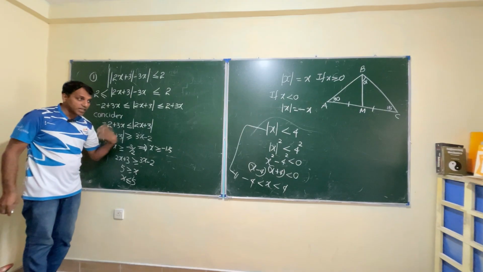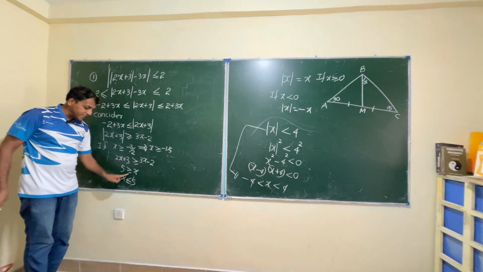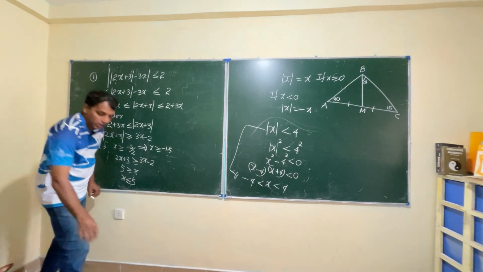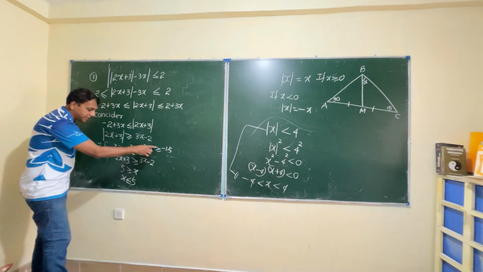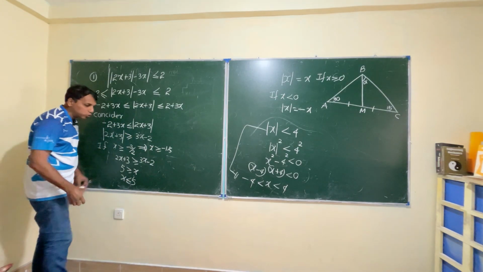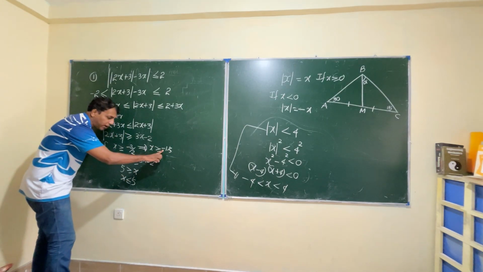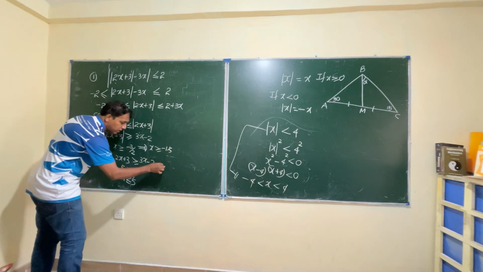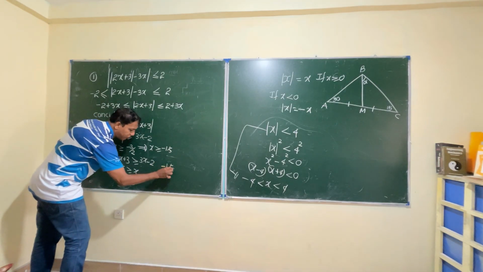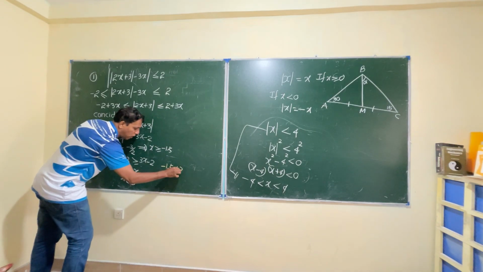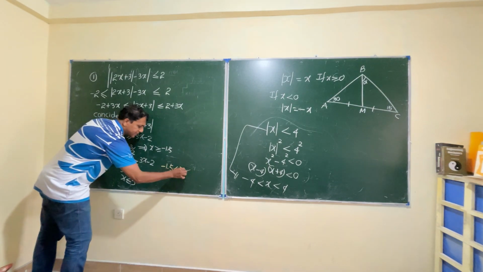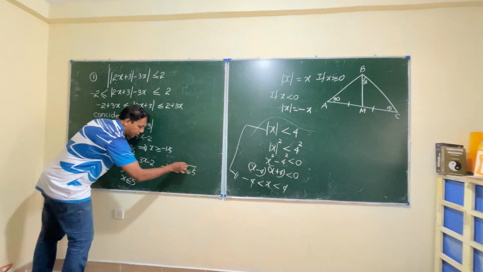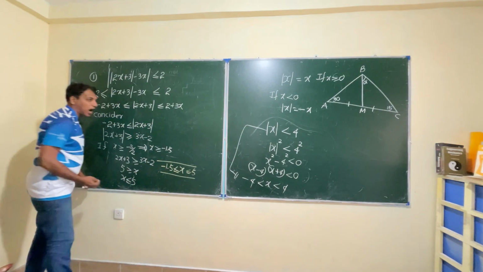In such a case, such a condition, x less than or equal 5. Therefore, can I connect both and find one solution? Minus 1.5 less than or equal x less than or equal 5 is part of the answer, right?